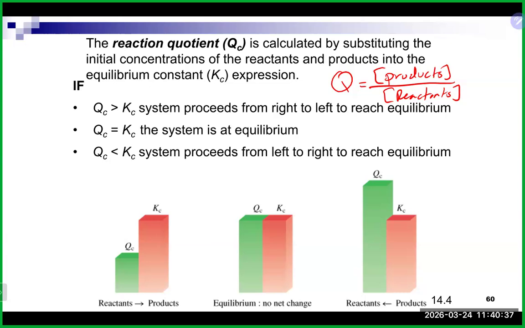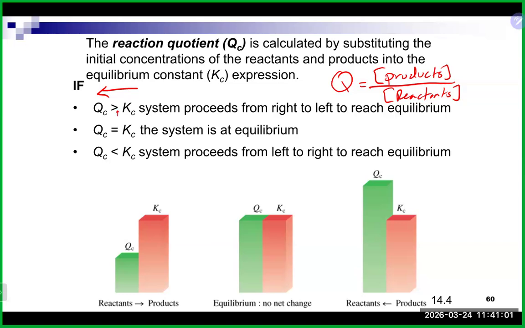So if you calculate Q and it's greater than the equilibrium constant K, your system is not at equilibrium. And in order to reach equilibrium, it needs to go to the left-hand side, towards the reactant side. If you put Q on the left and K on the right, it'll just go opposite of where that's pointing, basically.